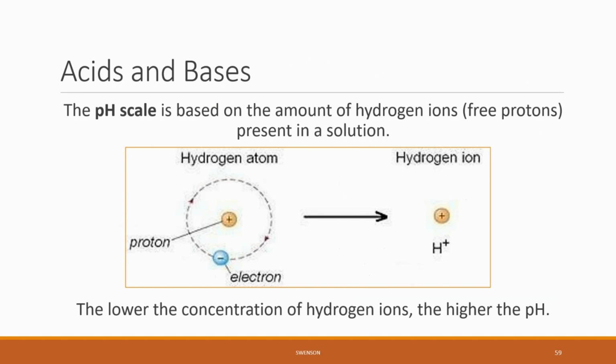So an ion that is lacking its electron is essentially a free proton. The lower the concentration of hydrogen ions, the higher the pH. I know this is very confusing. Take some time to really focus on this concept because it's going to come up again and again. But the lower the concentration of hydrogen ions, the higher the pH.